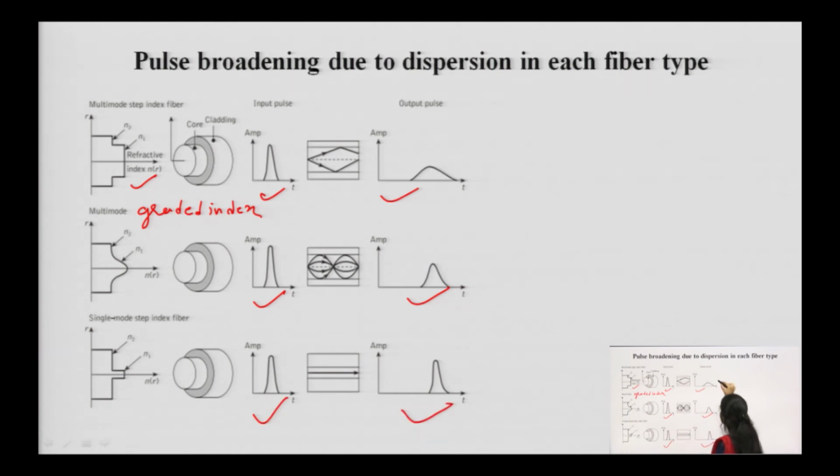We can see that the dispersion is most in the multimode step index fiber, and it is least in the single mode step index fiber. How it happens, we will discuss in the coming lectures.